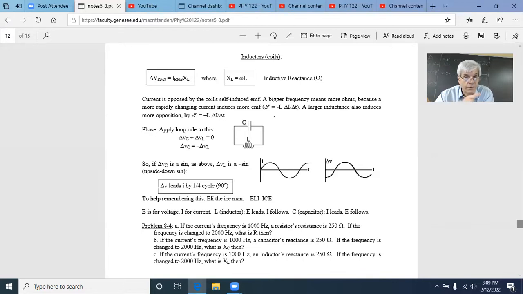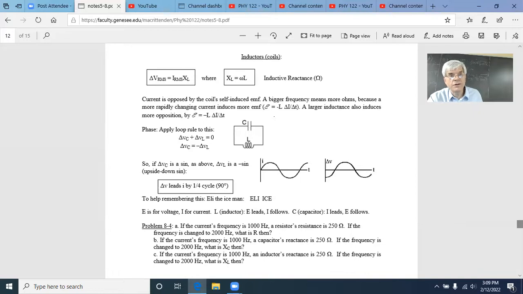as opposed to capacitors, where it was proportional to 1 over omega. The self-induced voltage is also proportional to L. I'd have to scroll way back up, maybe I won't try, but I think at the end of section 6, the self-induced voltage equaled minus L times delta I over delta T. So, for example, twice as big for L means twice as many volts induced.